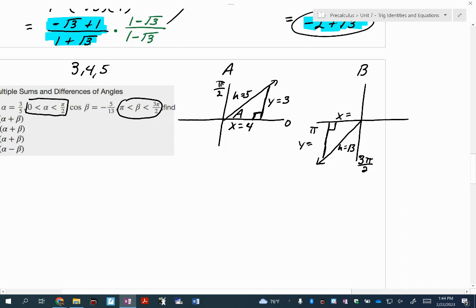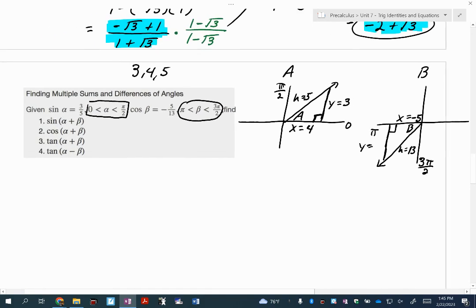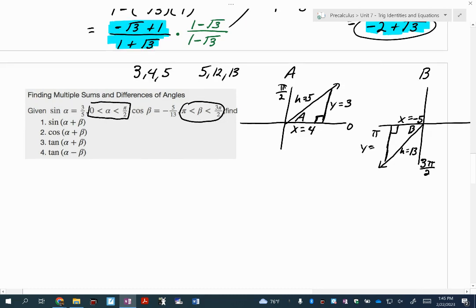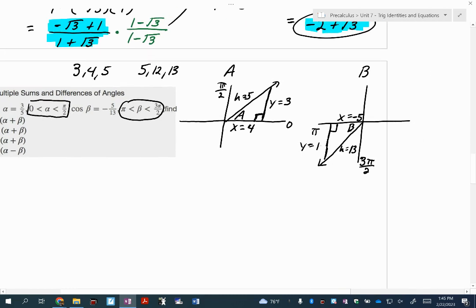But if you notice, my x is actually negative 5. My adjacent side from my angle B is going to be x. And if you knew your understanding from geometry, that's another special one, 5, 12, 13. So this is going to be 12, but I tell kids all the time, if you look, we're in the third quadrant, so we're going down. So actually, this is going to be y equals negative 12.